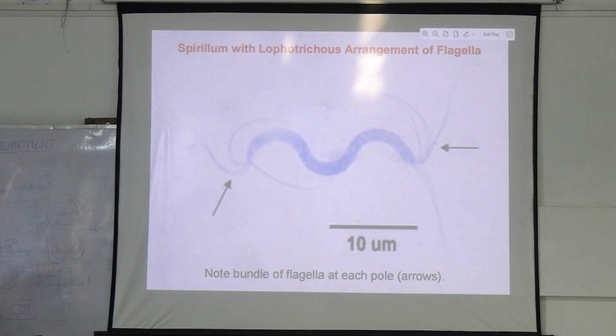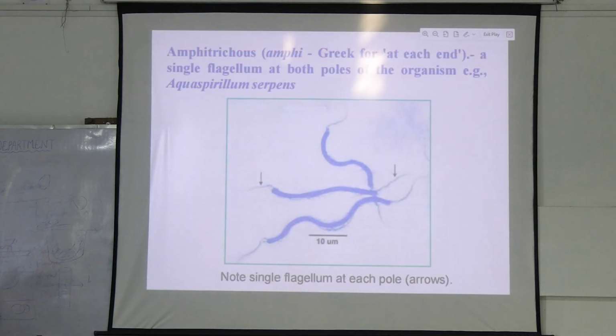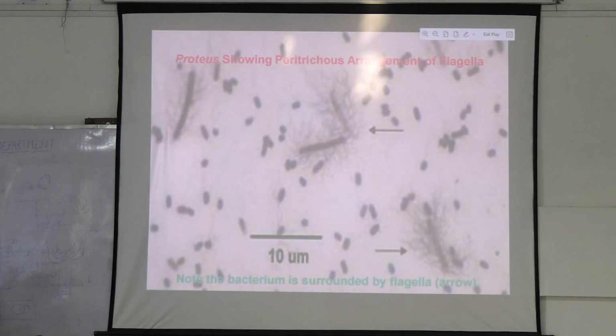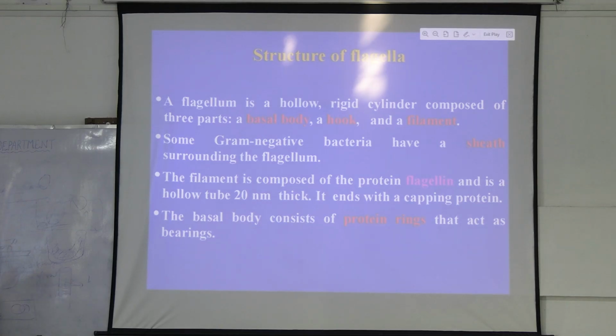This is also called Lophotrichous. On this bacillus, you will see a single flagella at either end. It is called Amphitrichous. In another bacterium, Proteus, you can see numerous flagellae present. So this is an example of Peritrichous flagella.